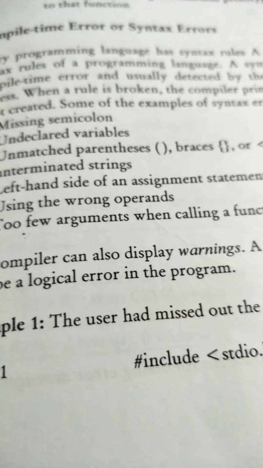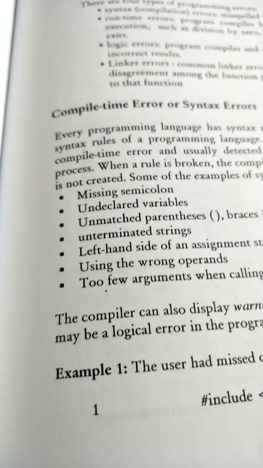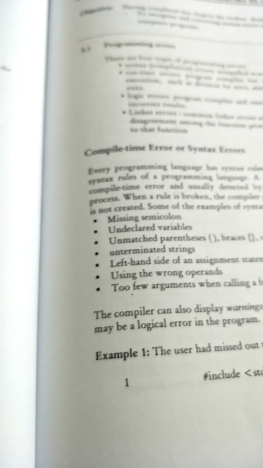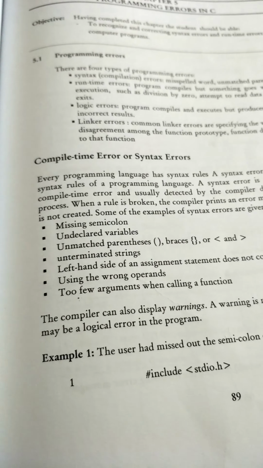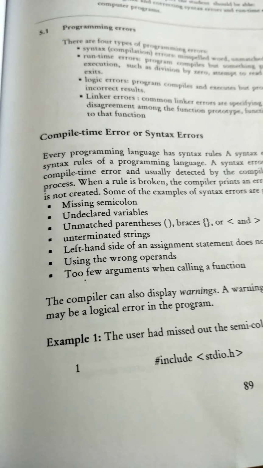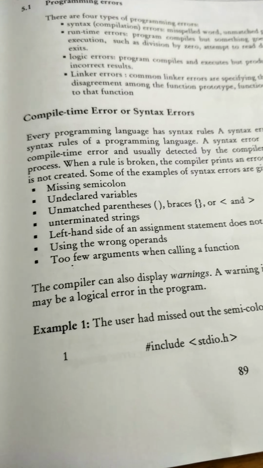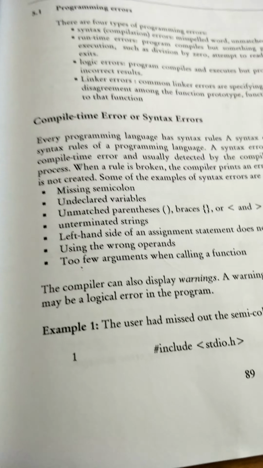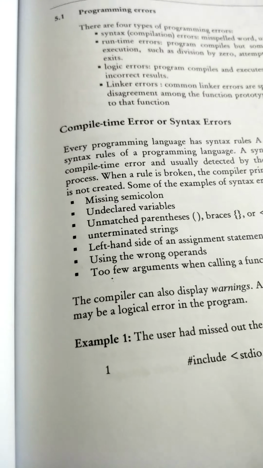The compiler can also display a warning. A warning is not a syntax error, however it may indicate a kind of logical error in the program. Sometimes it's okay. Maybe it gives you a warning, but the program works nicely and gives you the correct result. In that case, you don't have to worry.